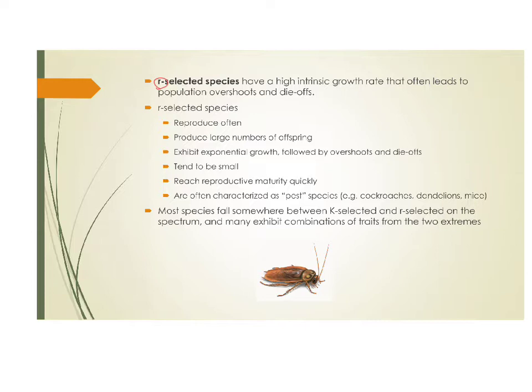They produce large numbers of offspring, so litters, or in the case of insects, thousands of eggs. They typically experience exponential growth followed by overshoots and die-offs, and you saw that in the graph that we talked about previously. These guys tend to be small.